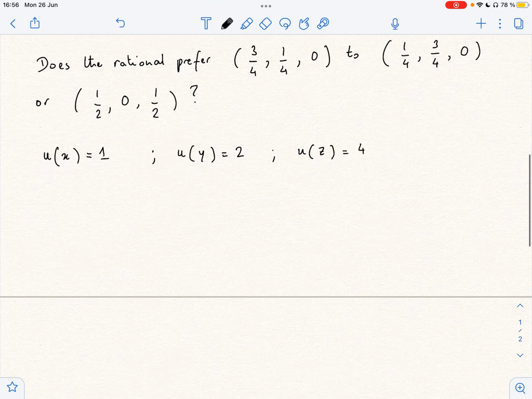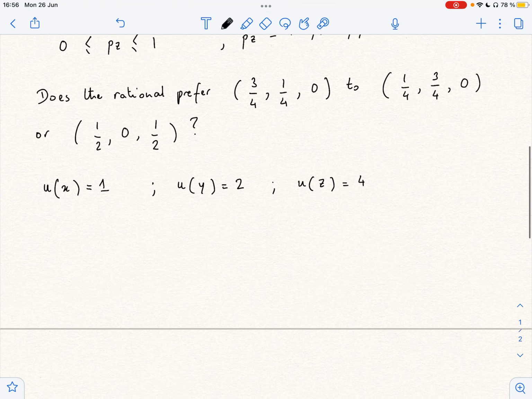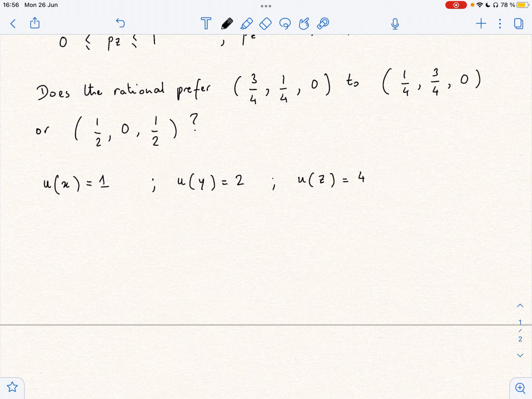Then here, the way I would evaluate each of these lotteries is to use expected utility theory. The idea is that the utility of the first lottery, 3/4, 1/4, 0, is equal to the probability times the utility from the outcome associated with each probability.